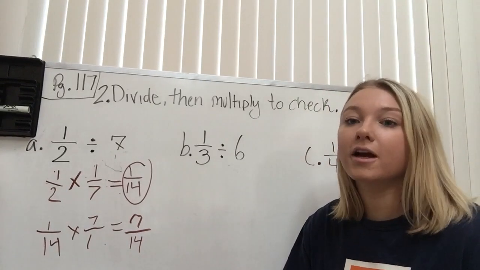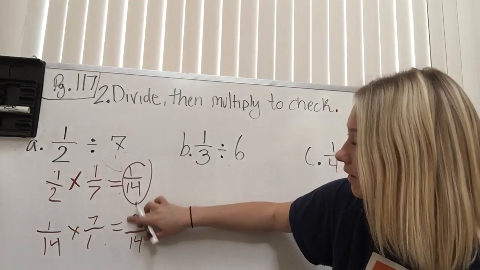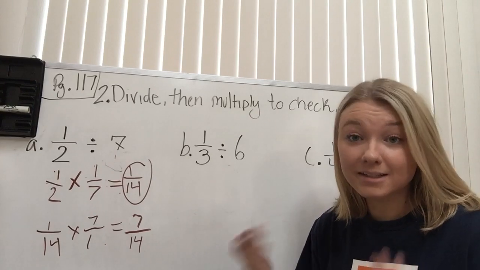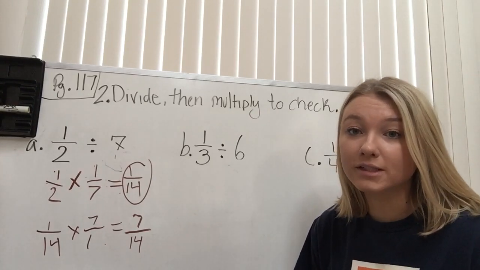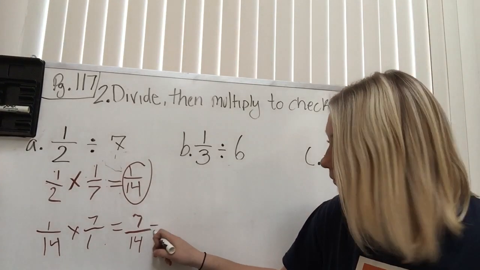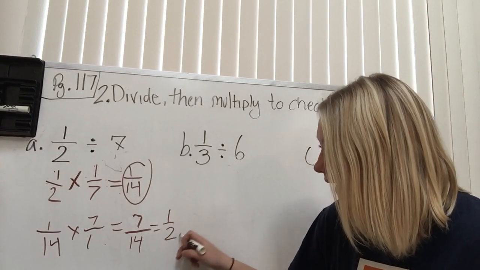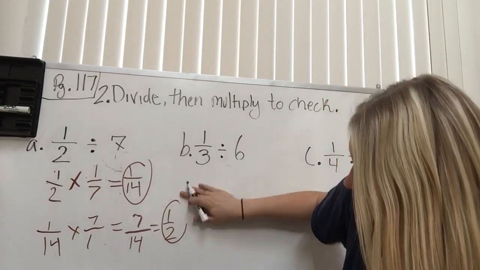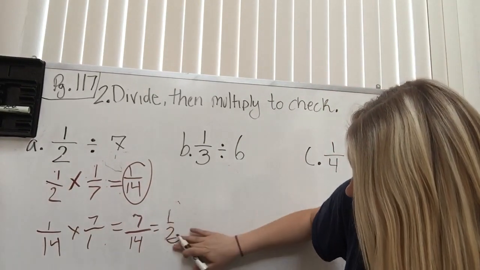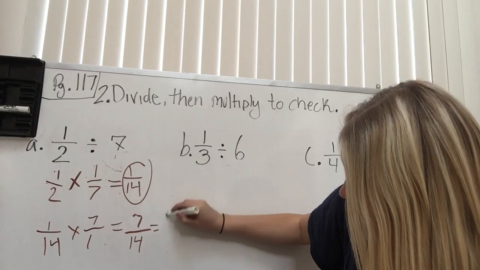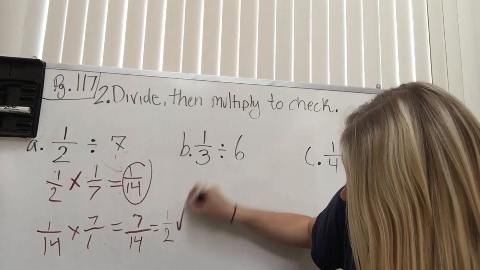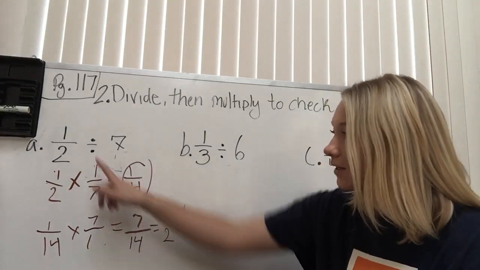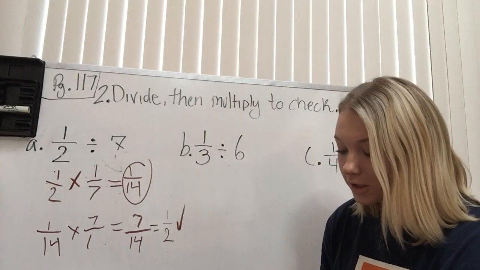And the magic comes when you simplify. 7/14 is really simplified to 1/2. So that is our first factor. I'm not going to circle that because that might confuse us. That's not the answer, but now we know we can check it and that's correct. So we divided correctly and we checked with our multiplication.